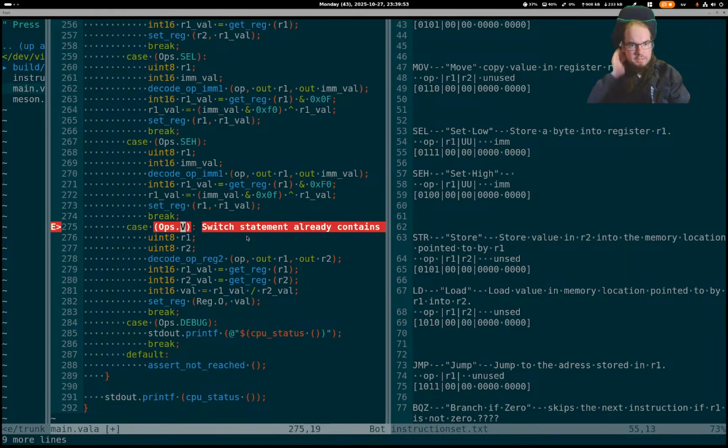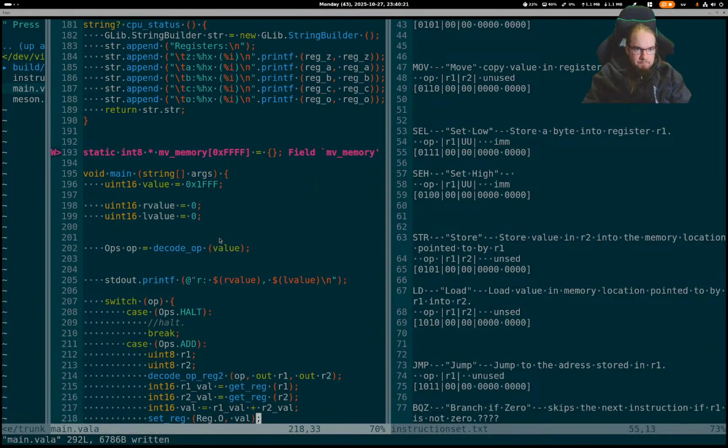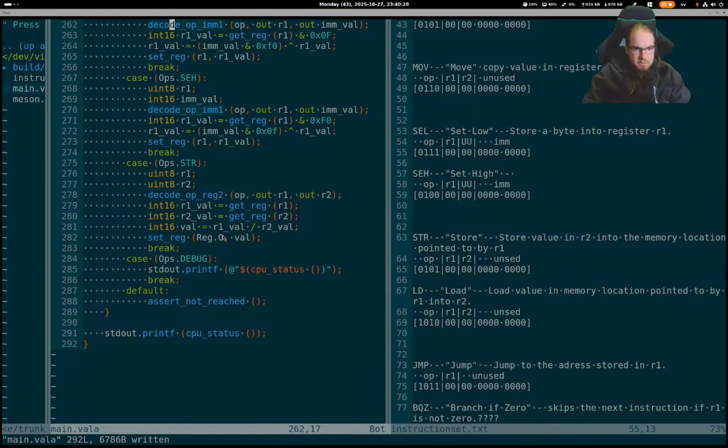But it's going to be STR, store. Then we need to store the value of... okay, we need the base address of the memory. Probably, so it's just VM memory plus something, I guess.